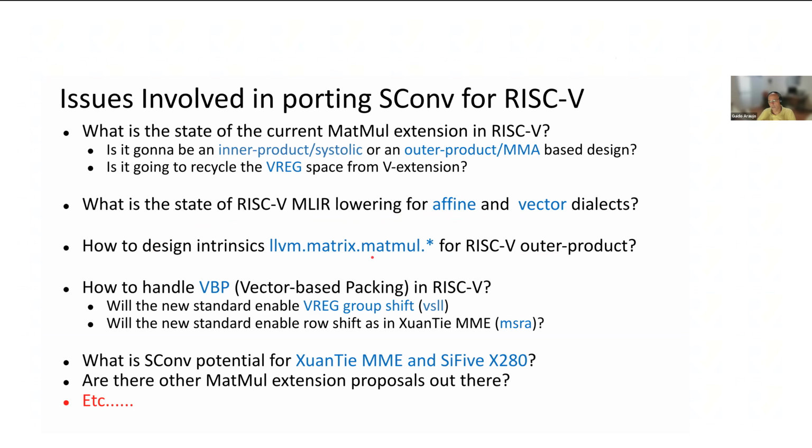This is more of a firmware or hardware designer's point of view. You have all your low-level intrinsics or assembly instructions for your machine, and you encapsulate them in little C-level intrinsics. And how do you put that together in a nice LLVM matrix multiply intrinsic?